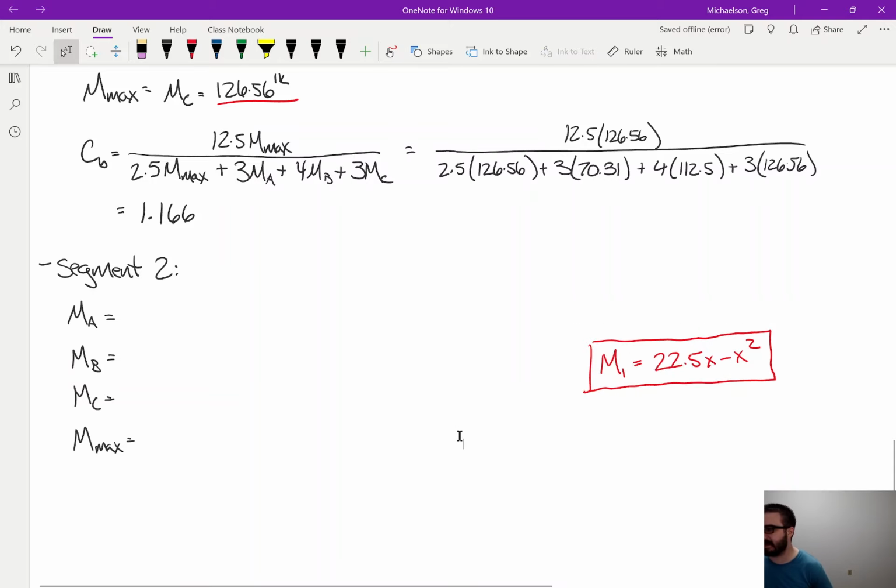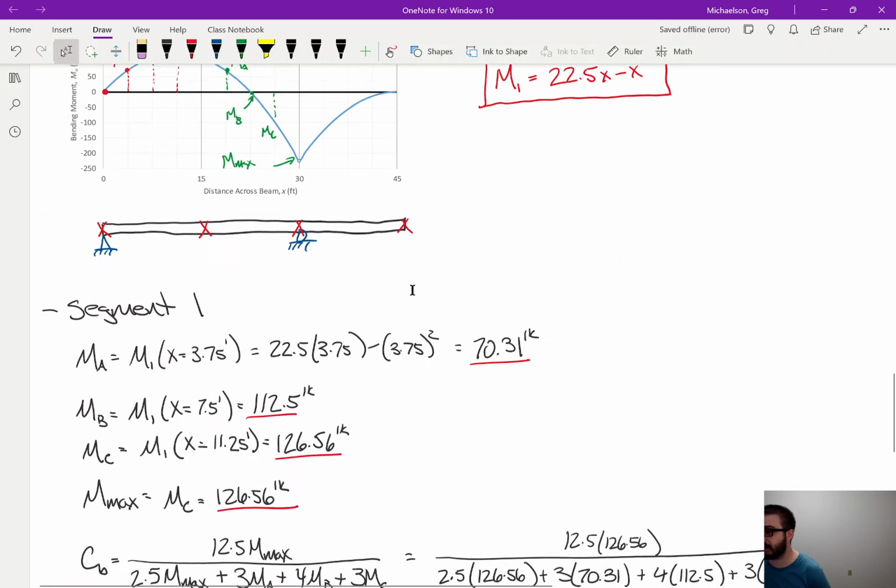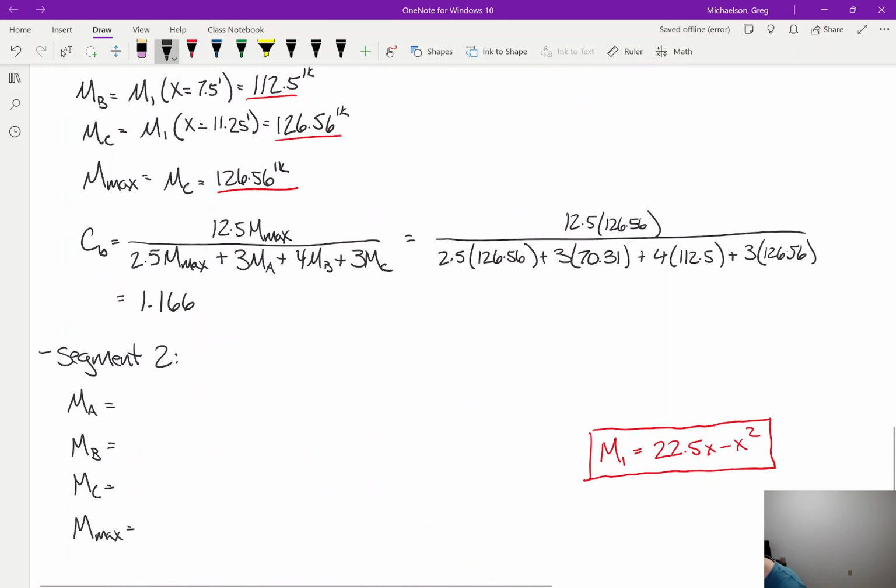Okay, so this is the same segment that we're doing, but instead of doing 3.75, 7.5, 11.25, we're just going to keep on going. So this is going to be M1 at X equals like 18.75, and then this one's going to be M1 at X equals 22.5.